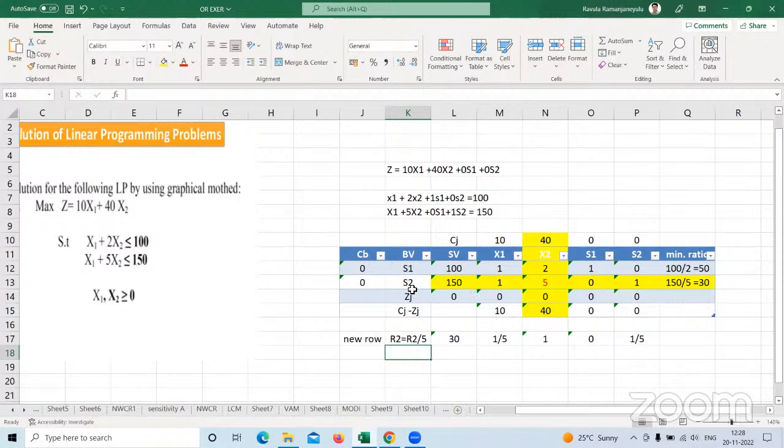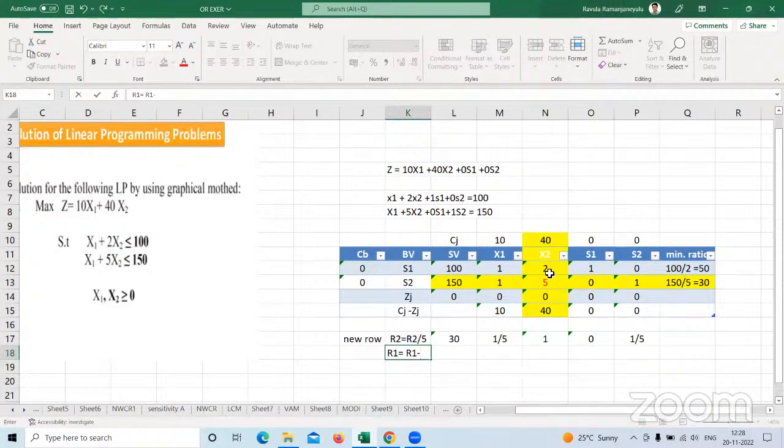So how to find the first row values? Row 1 is the other row, we can say. So to find row 1: row 1 equals the old values of row 1 minus the key element of the first row.